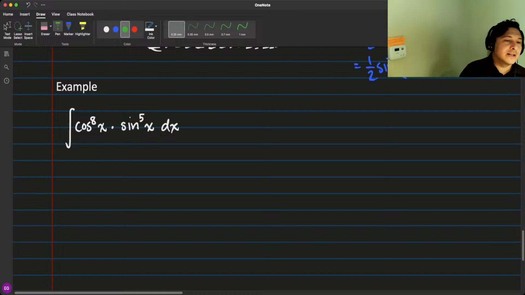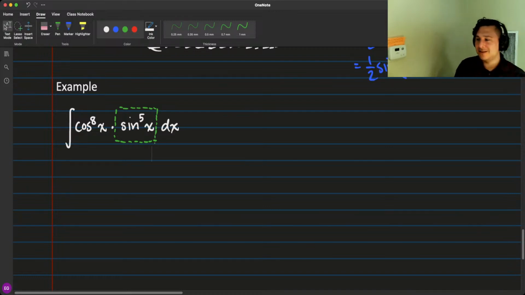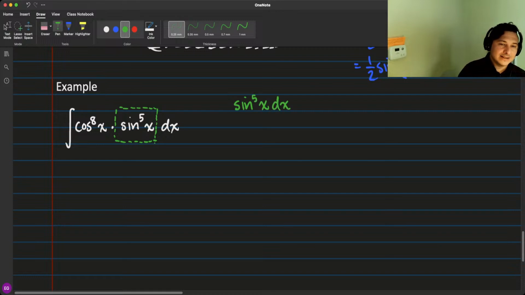Okay, so the first thing we're going to concentrate on is this part. Now, why are we looking at that part? Exactly. We had that whole thing where you can factor out. We can look at this and say, oh, my sine to the 5th x dx, I can rewrite that as sine to the 4th times sine dx.